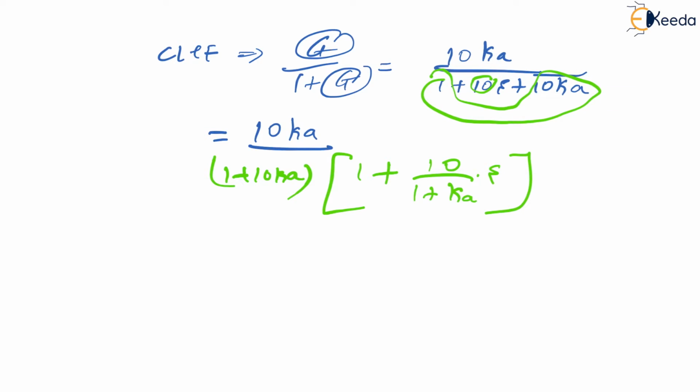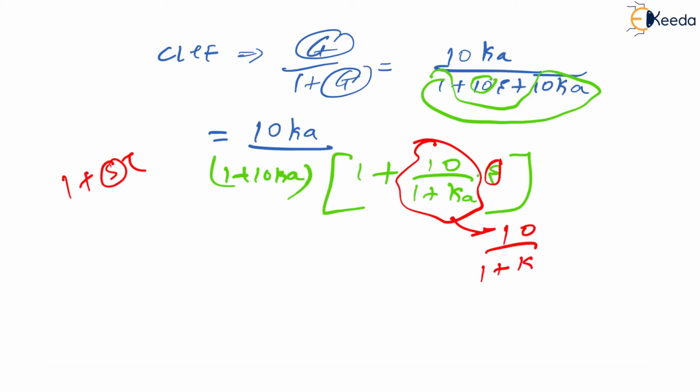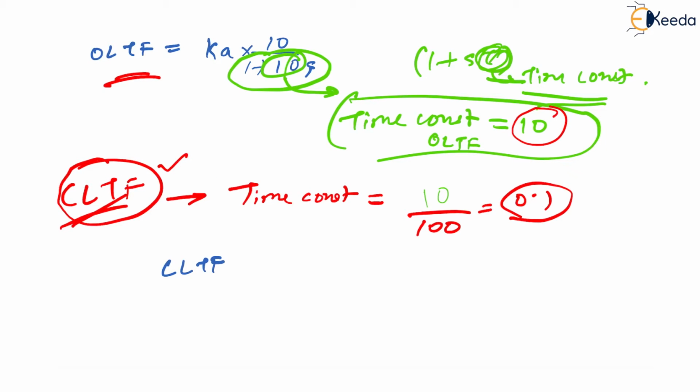Is that correct? Now, definitely it is our 1 plus s tau form, right? Whatever is there with s, that is your time constant. So I can say that 10 upon 1 plus Ka is the time constant for the closed loop transfer function.